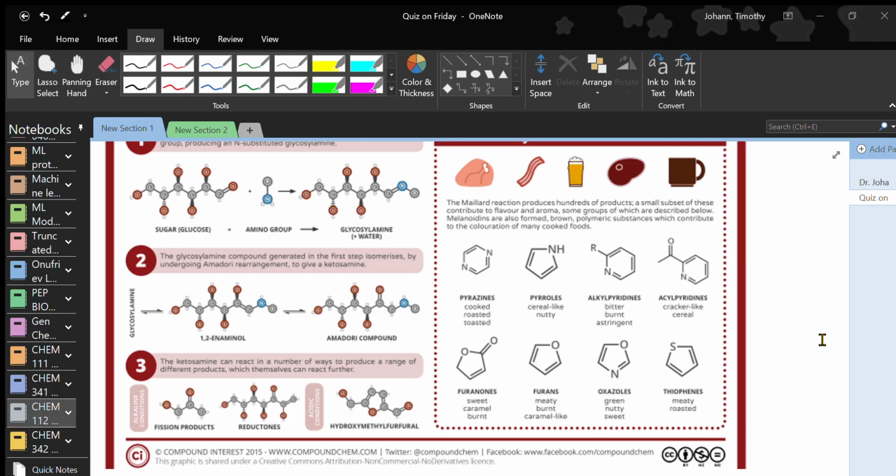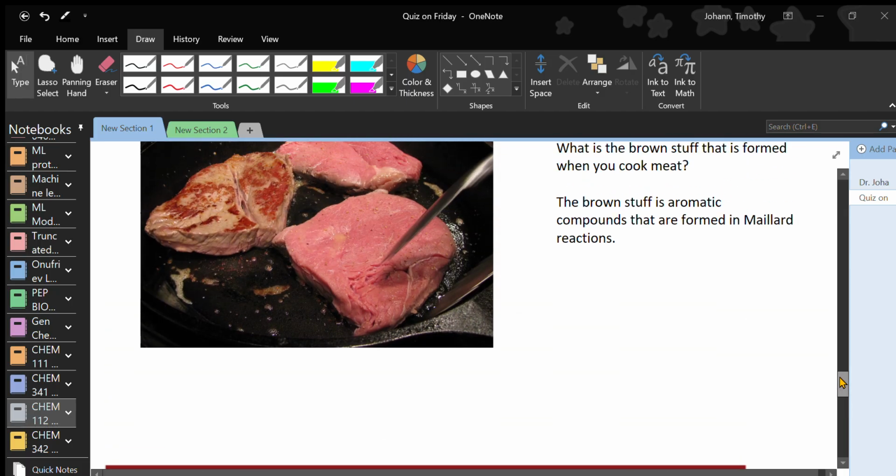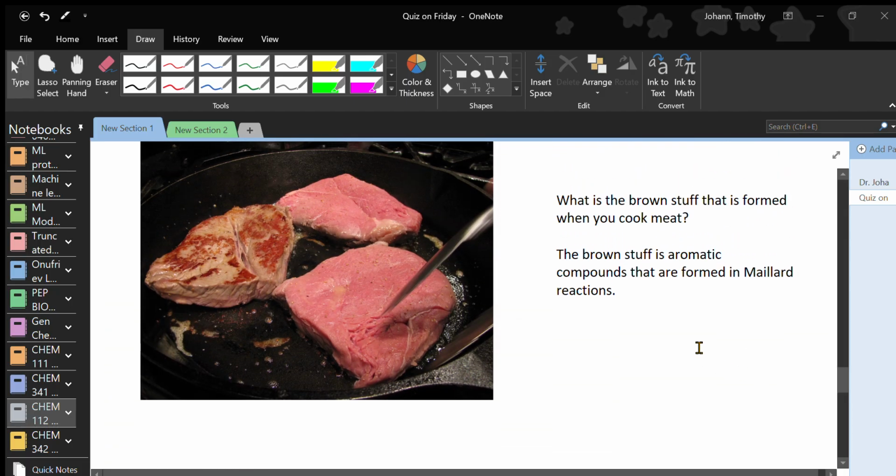You get these things when you have a carbohydrate, here this author just put sugar, and you have an amino acid, you've got an amine group here. So you've got proteins and carbohydrates and one other thing that's related to phase changes: energy, heat.